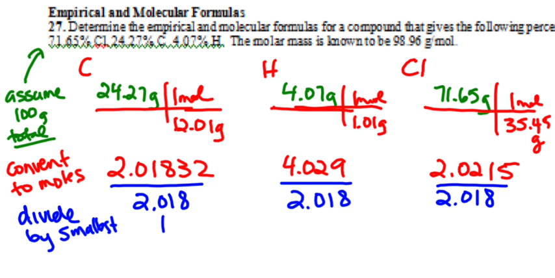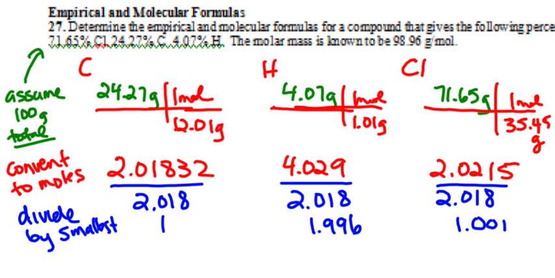What does this give me? I want you to put it in the calculator. 1.996, and then this is 1. All right, so you can round to the nearest whole number if they're this close, okay? But if it's like a 0.25 or a 0.5 or a 0.3 or a 0.75, that's not close enough to round, and we'll have to do something different.